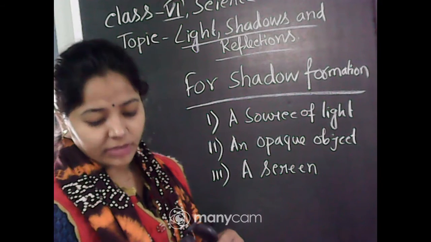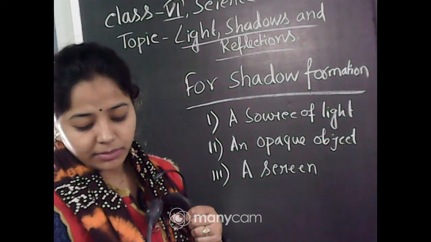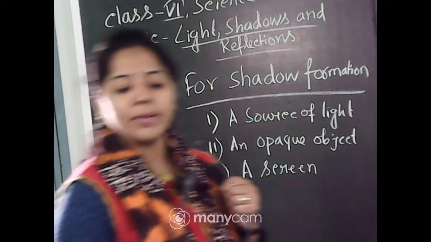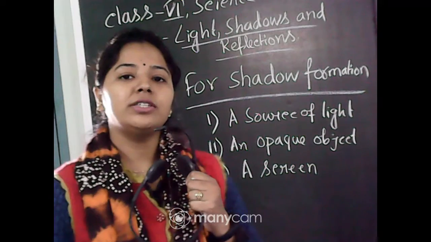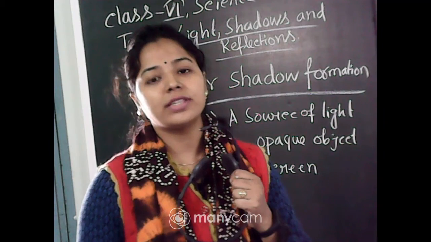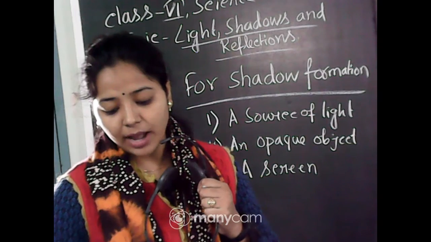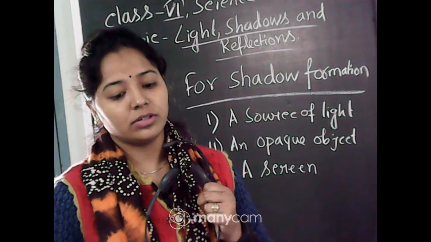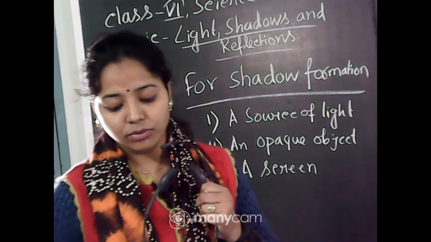So there we have seen what exactly a shadow is, and also what this shadow gives us. Shadow gives us some information about the shape and size of an object. On seeing the shadow, we can easily tell the shape and size of that object. Sometimes the shadow becomes smaller than the object, and sometimes larger than the object.